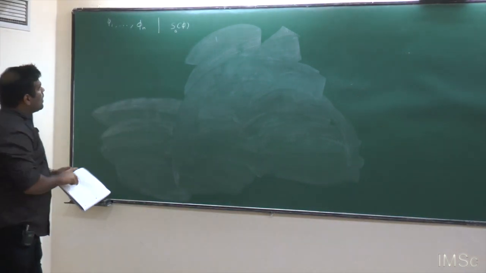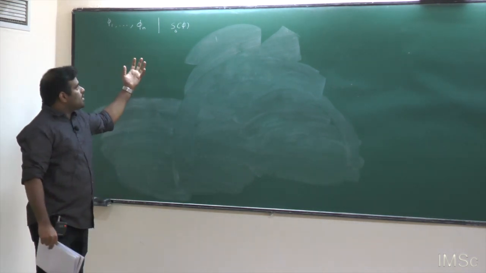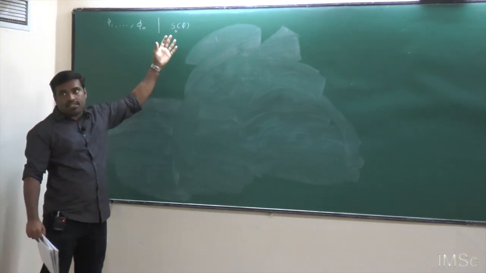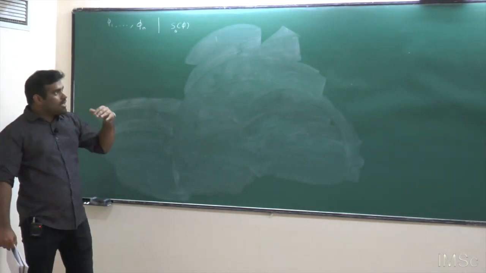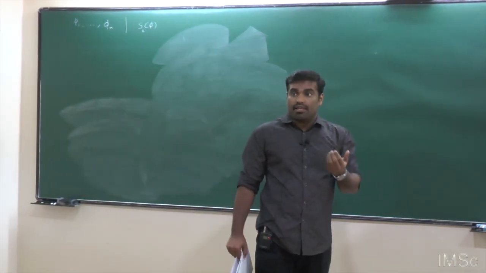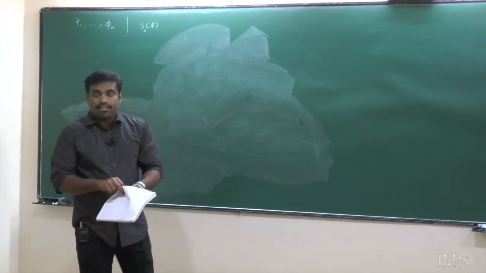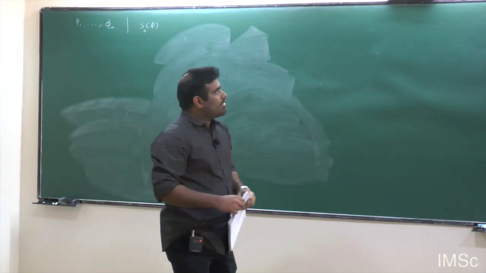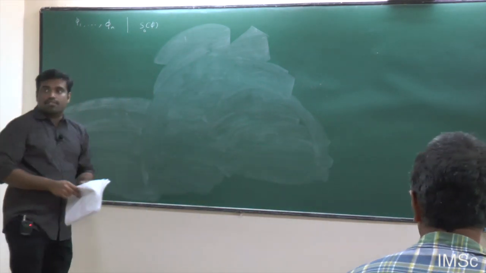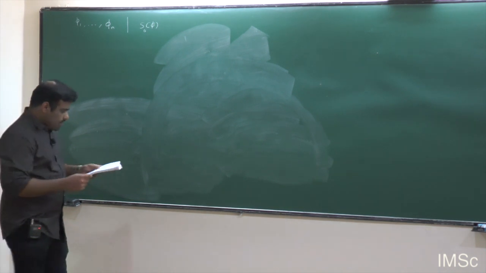Then we studied what are the most general possible transformations of fields that keep the action invariant, and then we studied what is the most general possible gauge algebra that we can have, and we found that the gauge algebra is an open algebra. So let me just write what that is.